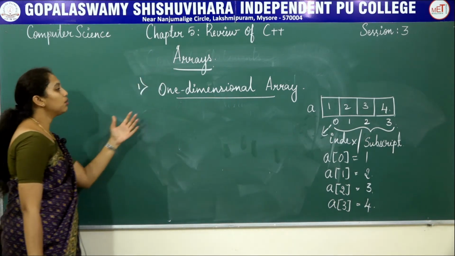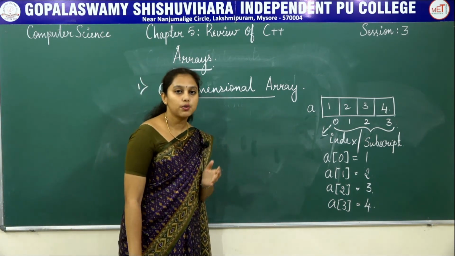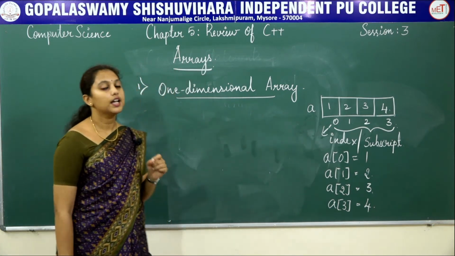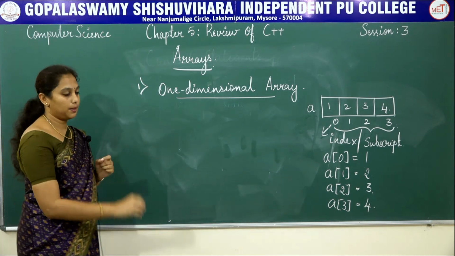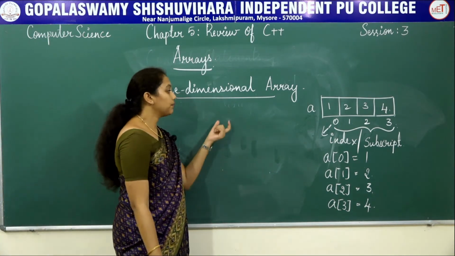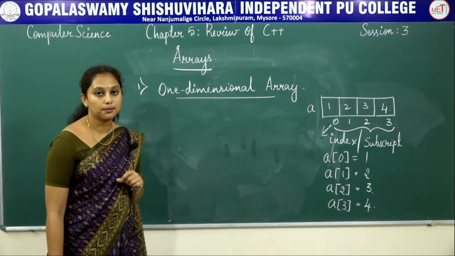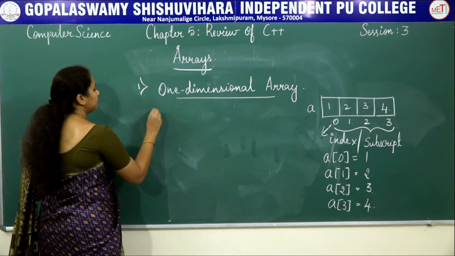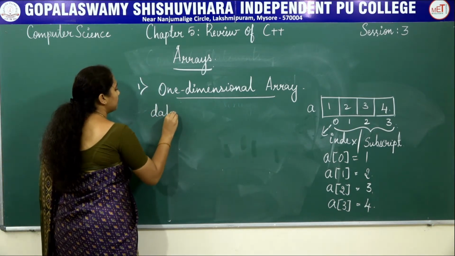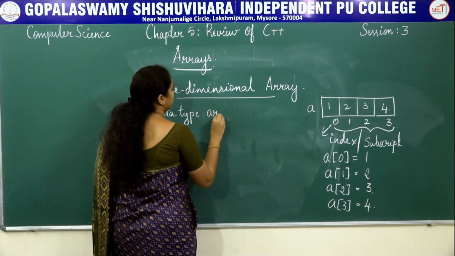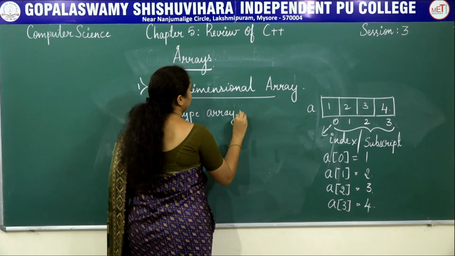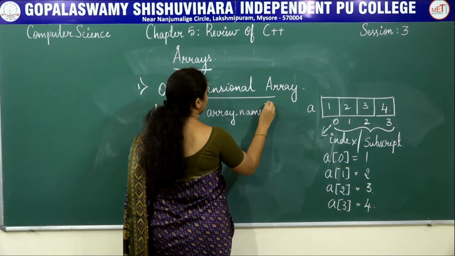So let's come to one-dimensional array. It is an array in which each element is accessed using only one subscript. What is the declaration syntax of a one-dimensional array? That is data type, array name, size.